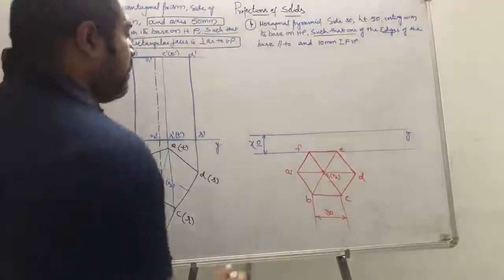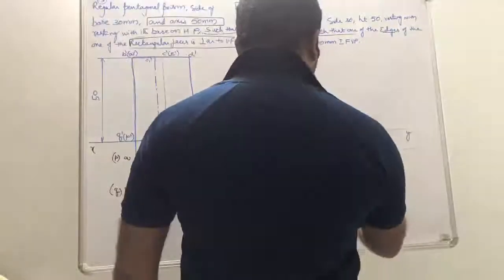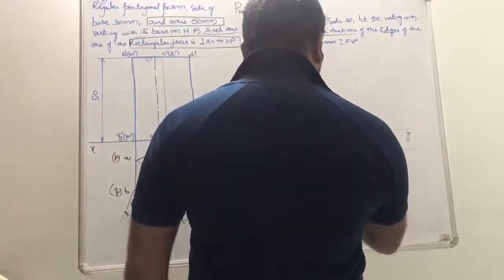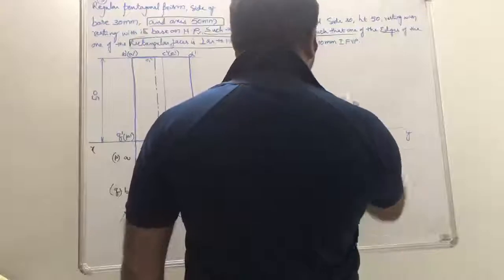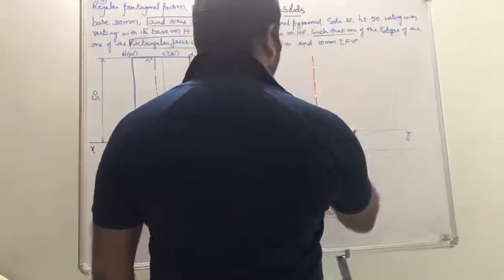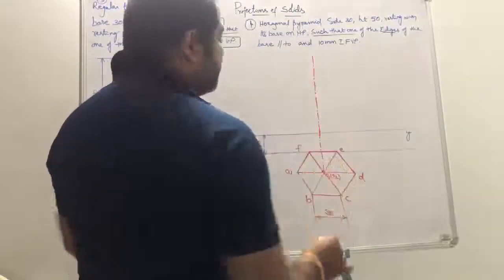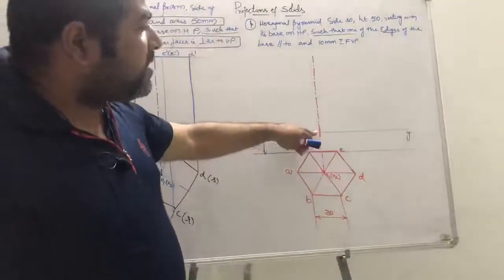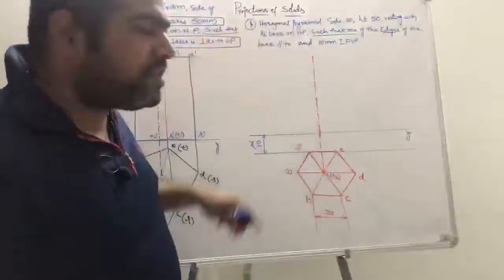Okay. Now, what was the height of the solid which is given? It is given 50. First of all, I draw the axis line from my origin. I just have to measure from XY, it should be 50, right?